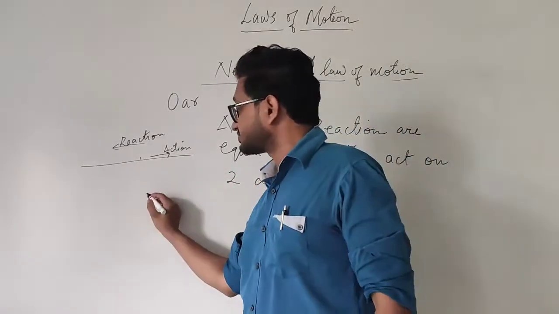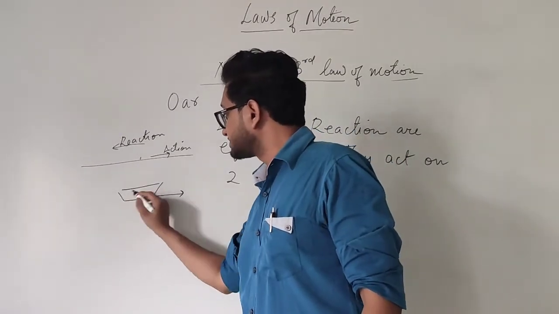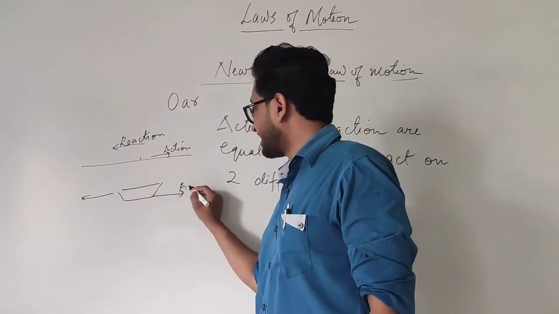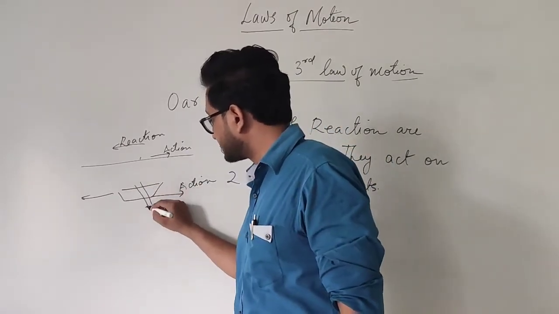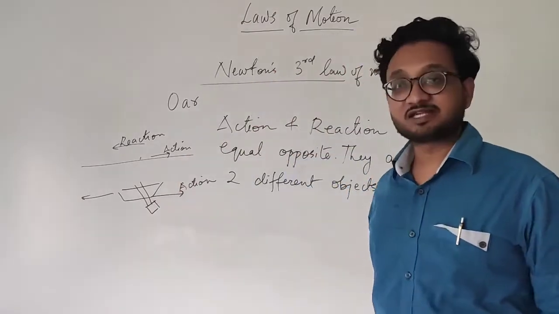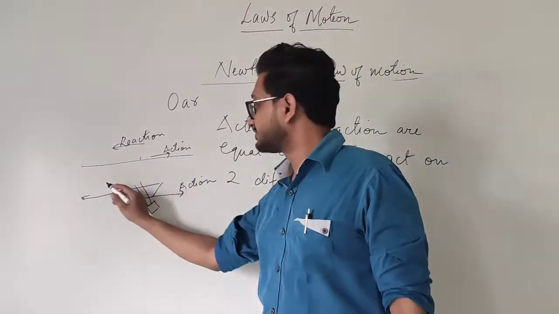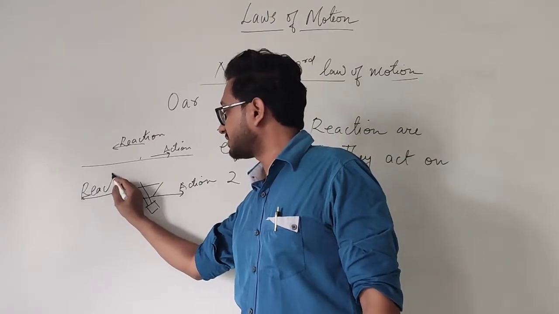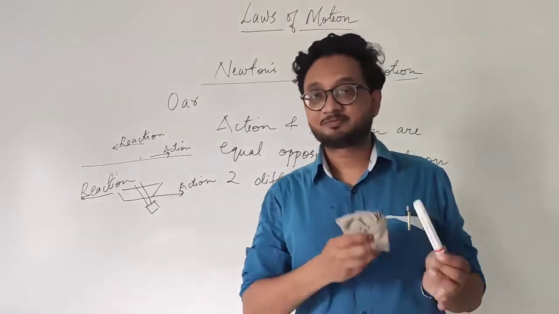So the force once again is applied in this direction, and the boat moves in this direction. This is action, and the boat moving in this direction is the reaction. I hope it is clear to you.